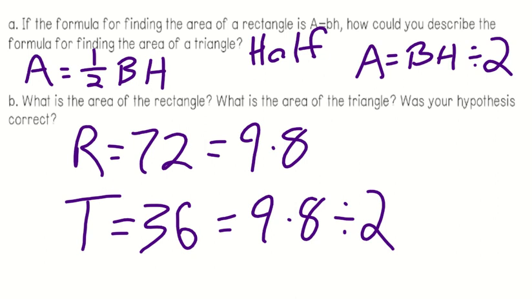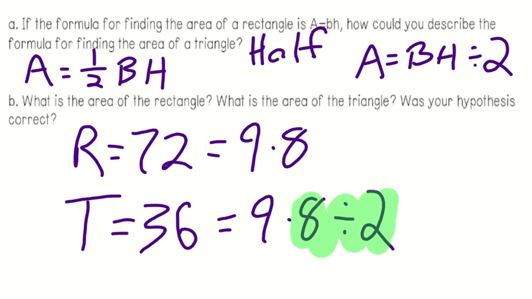A few things with that. 9 times 8 is 72, right? 72 divided by 2 is 36. There's other ways you can do this. If you do the division first, what's 8 divided by 2? 4. 9 times 4? 36. You see how that works?